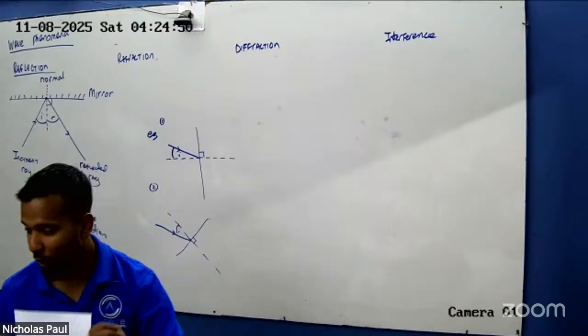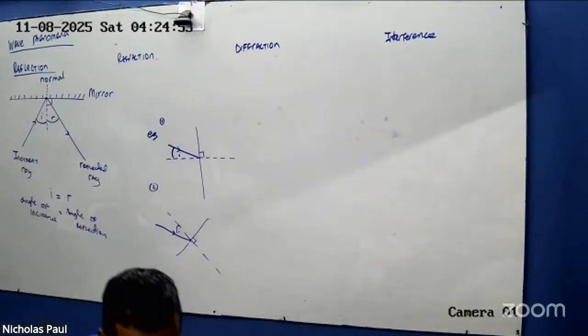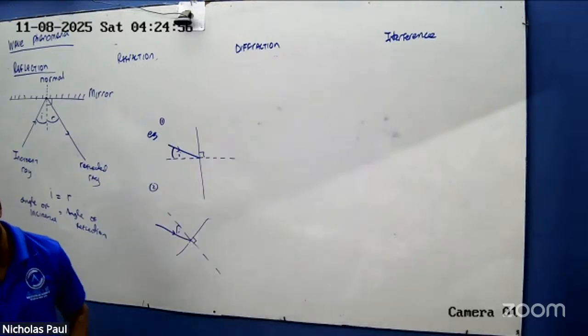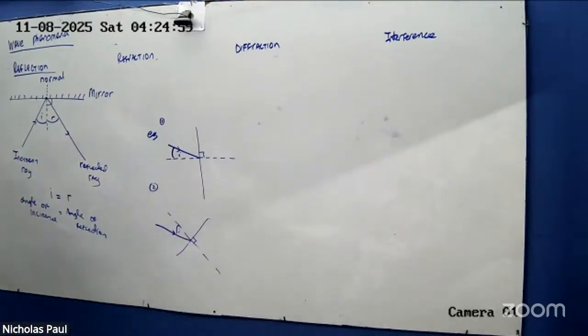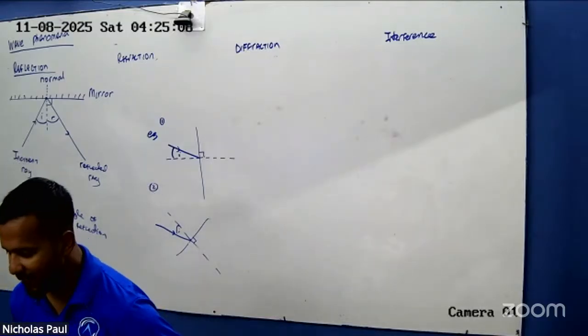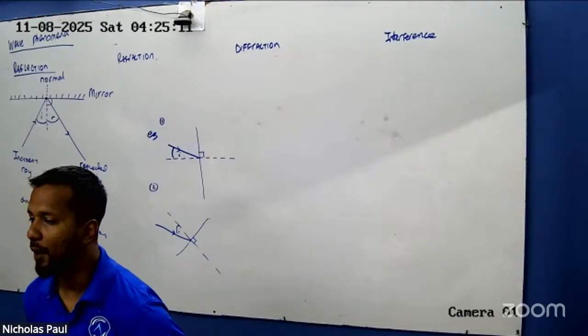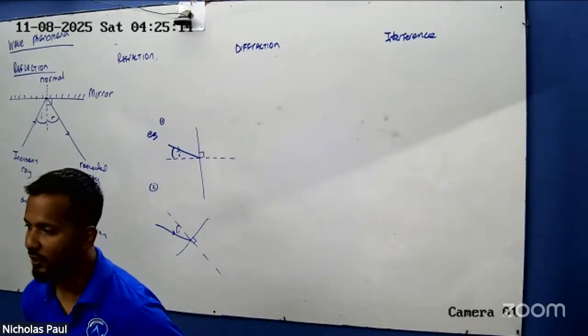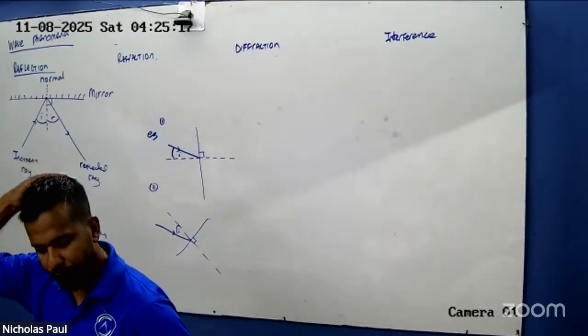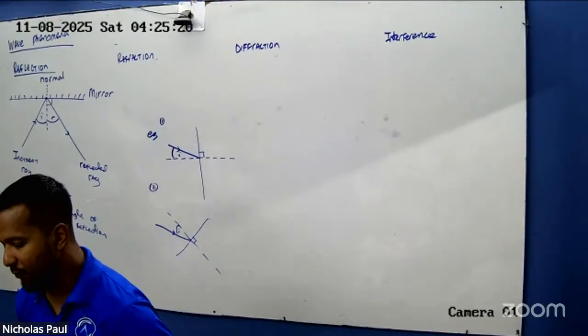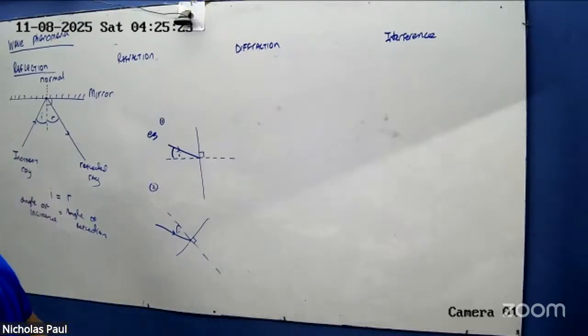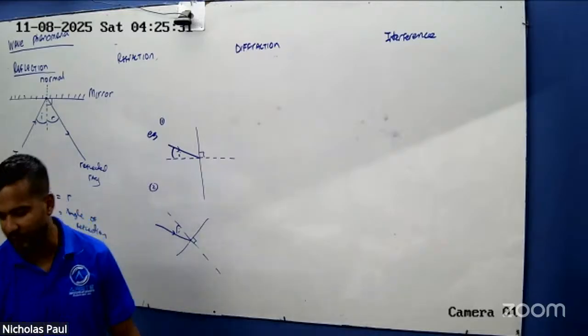Okay? So law number 2 states that the normal, the incident ray, and the reflected ray all lie on the same plane.